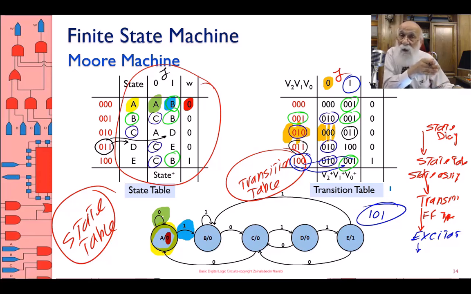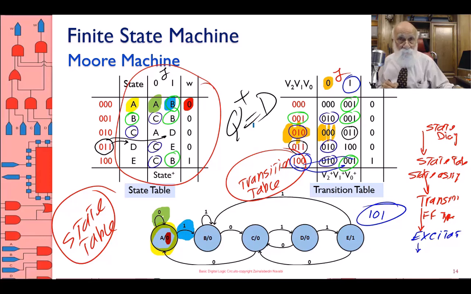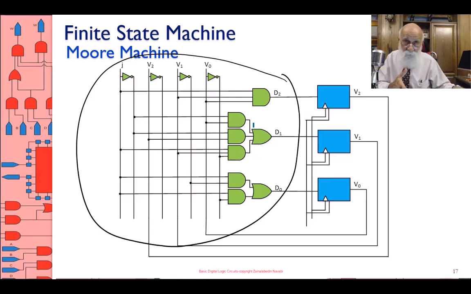The D inputs are what become the next states after the clock. Remember, Q plus for the D is D. And therefore, now that we have the Ds, we put 3 flip-flops here that the Ds give us the next Vs. These are the excitations.